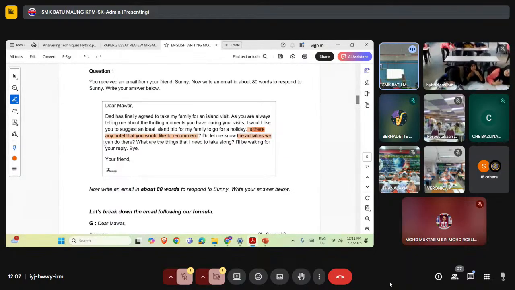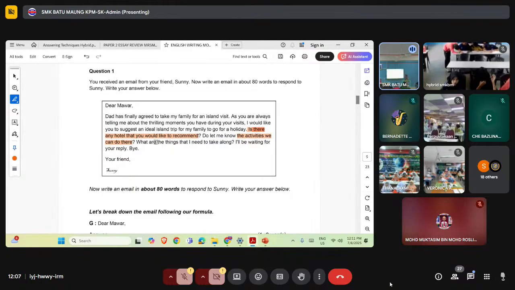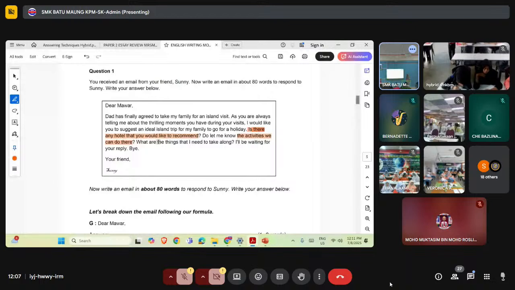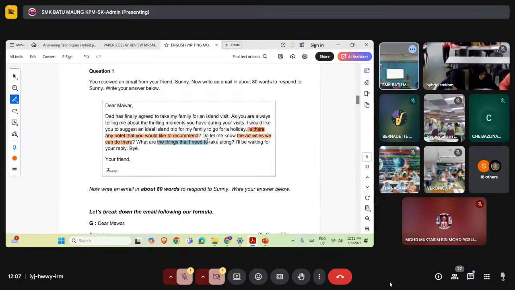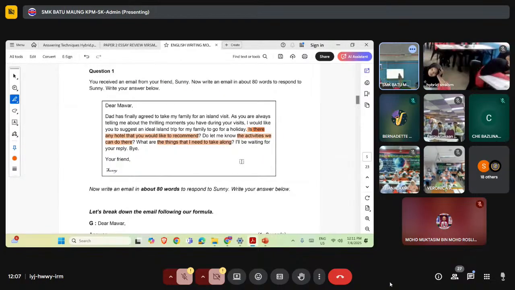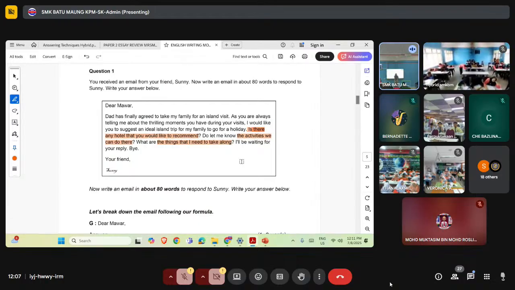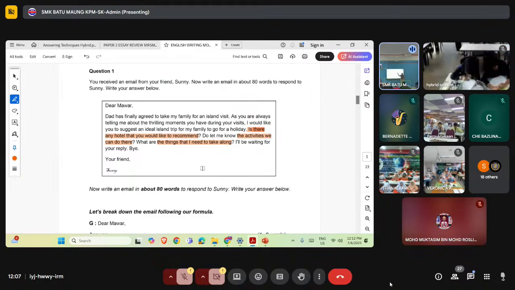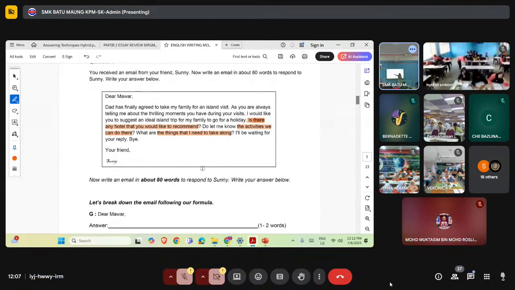C3? Okay. What are the things that I need to take along? Okay. There are 3 Cs here. So how do you start? G. What is G? How do you start with G? Hi. Okay, respond to the first. Okay, hi. Hi to whom?